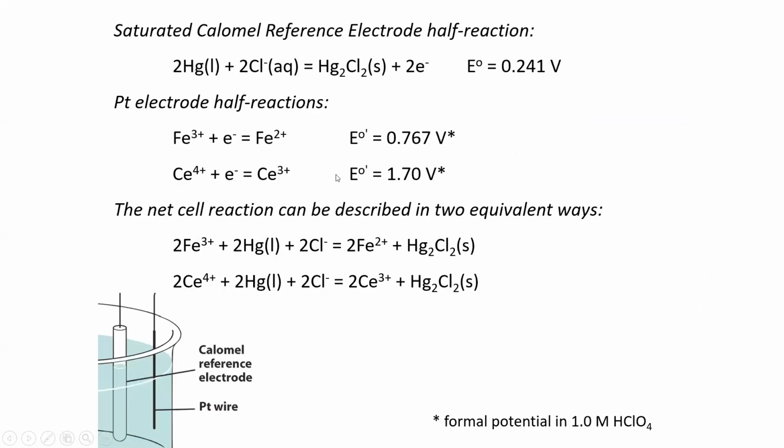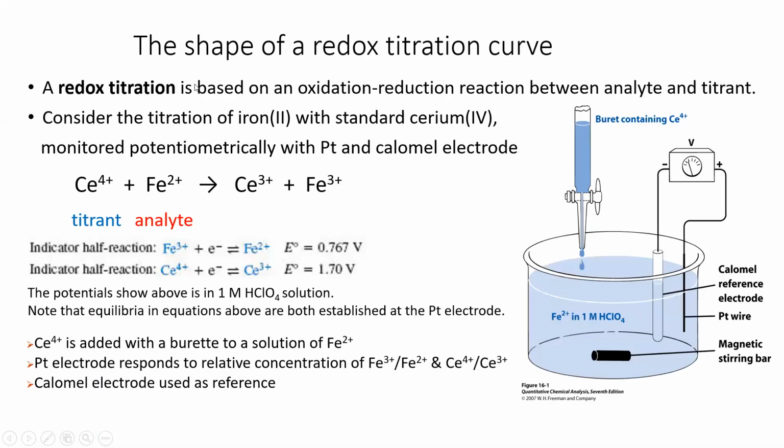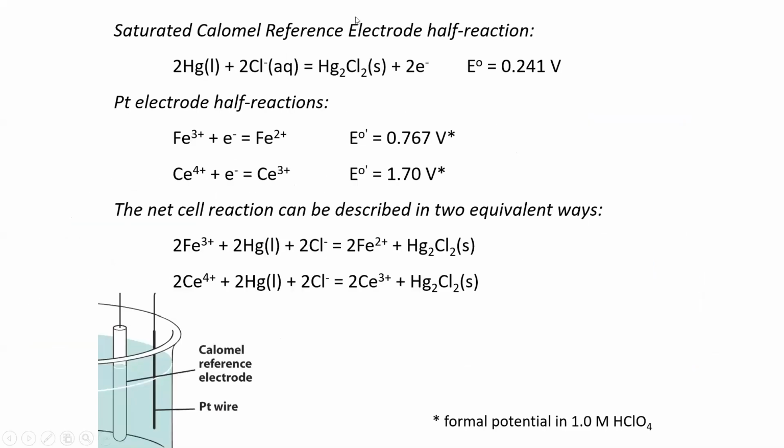So now for the reference electrode, we have your mercury. This is the half equation for the calomel reference electrode, and this is the potential for it. But now let's look at the platinum electrode half equation.